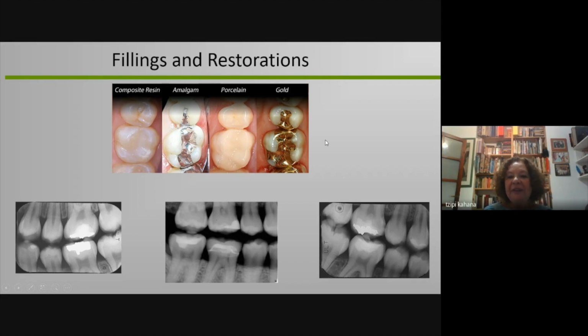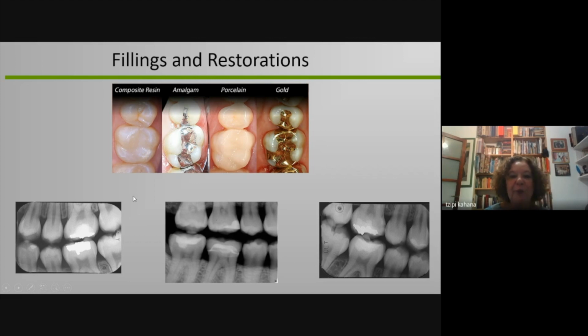Now, we have different types of restorations which can give us different types of problems. When they are metal, like gold or various amalgams, they're very easy to see visually and they're very easy to see in the radiographs. But when we have composites, sometimes we can miss them, but we might see them in the radiograph.